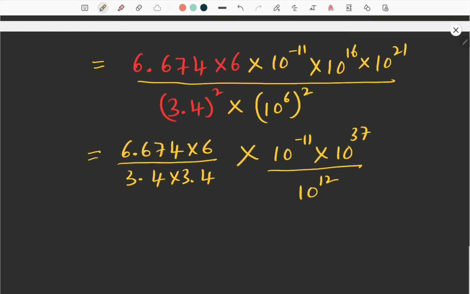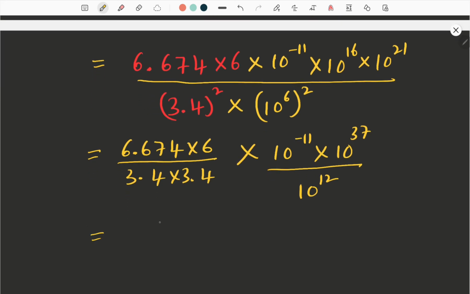Correct. Then afterwards what are you going to do now? Let us keep these numbers like that only. It becomes 10 to the power minus 11 and 37, meaning minus 11 plus 37. That is, in 37 you have to subtract this 11, so it becomes 10 to the power 26. If you want to take this 12 above, it becomes 10 to the power minus 12.